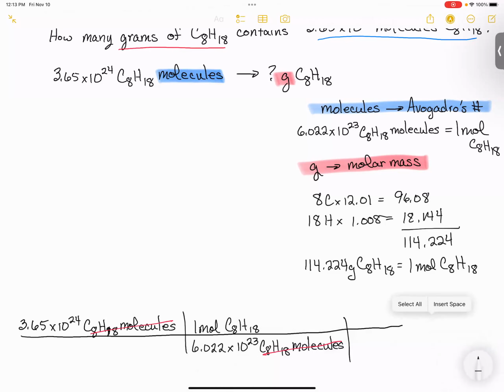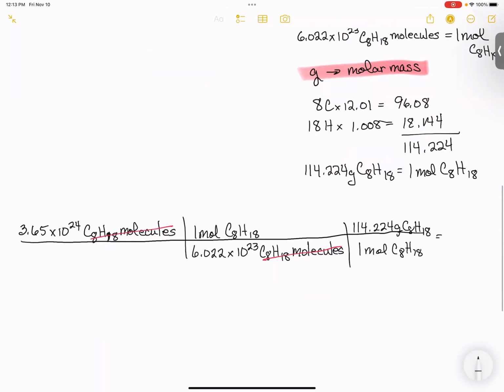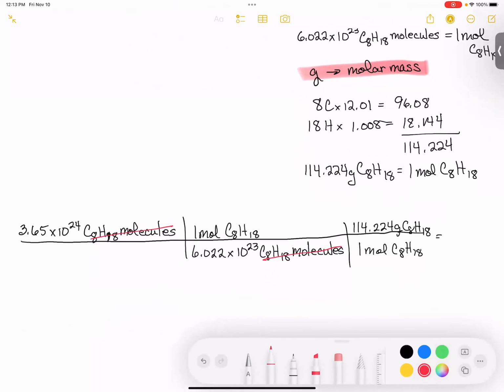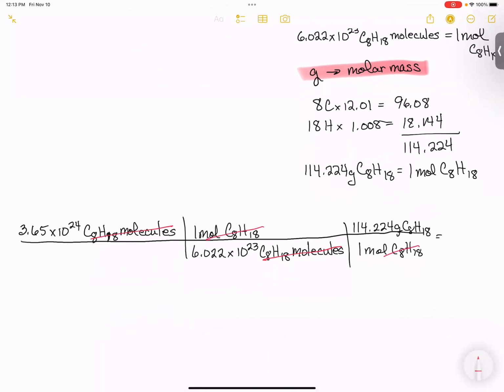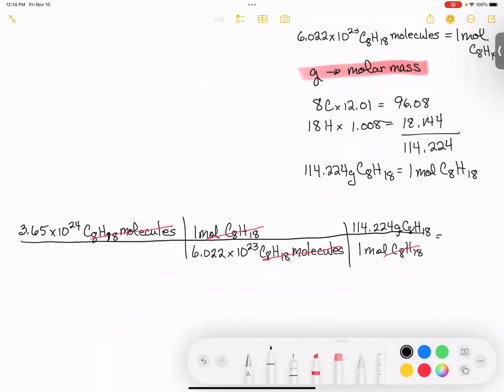Now I'm going to use my other conversion factor, which is going to be the molar mass. Of that, the mole portion is going to go into the denominator with the mass portion in the numerator. The mole portion was placed in the denominator so that the unit and the substance would cancel, leaving me mass, which is what I was asked to solve for.